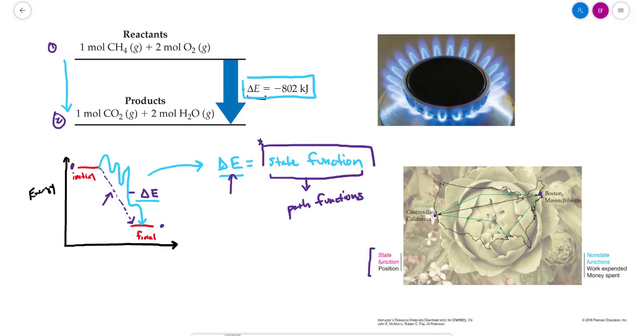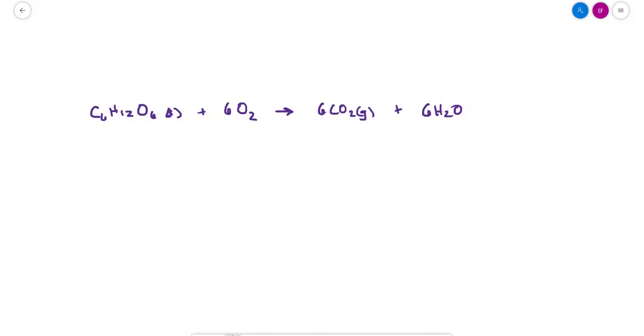Another path type function could be the amount of dollars that you spend getting between these two places, right? It could cost you totally different amounts of money depending on the path by which you took to get. Let's think about a real chemical example now.